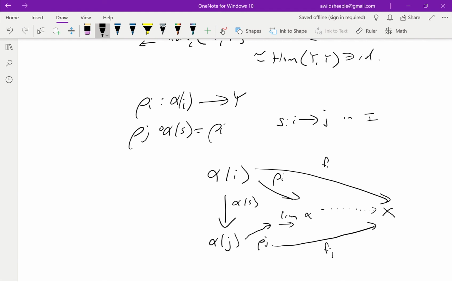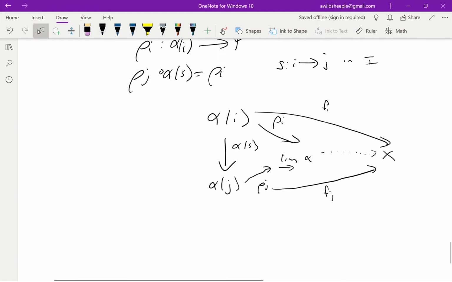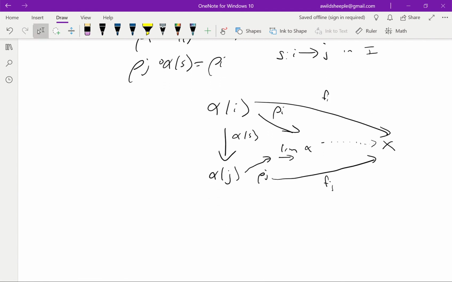I see. This is because this family of morphisms that I give here is nothing else but an element of the limit of the homs into x.